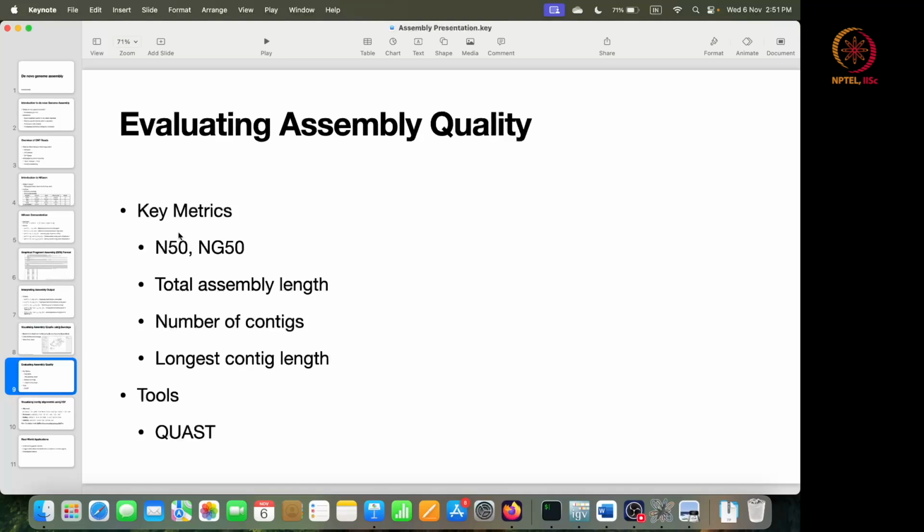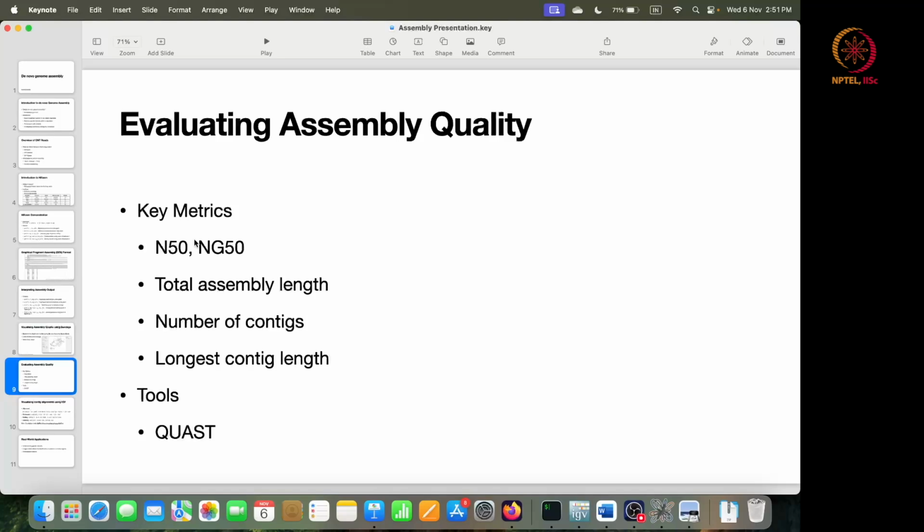And I have already explained what N50 is for read sequencing data. When we are looking at contigs assembled by an assembler, the N50 is simply the length of the shortest contig at half the total assembly length.